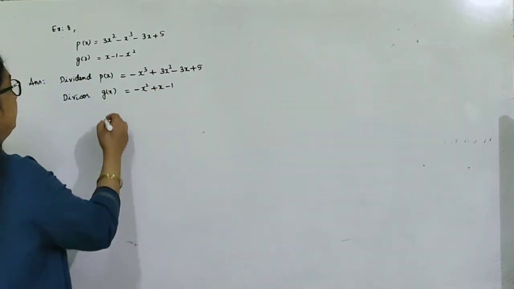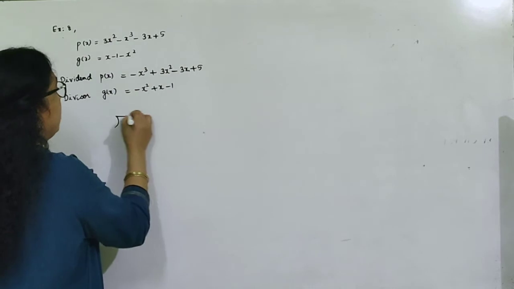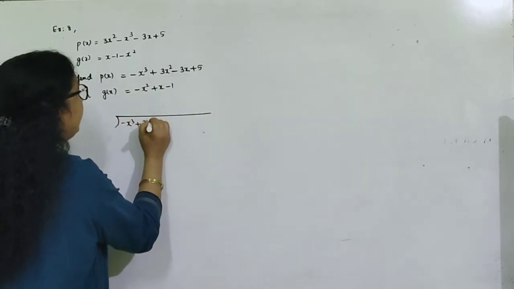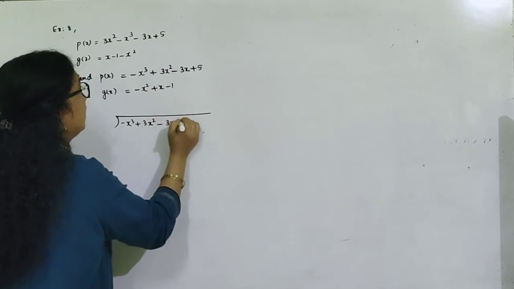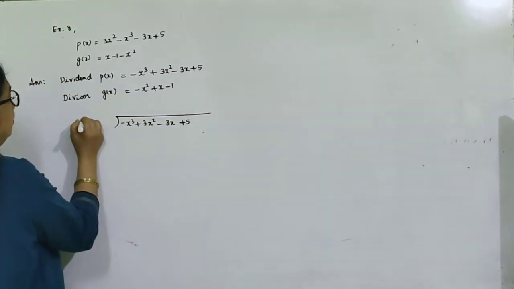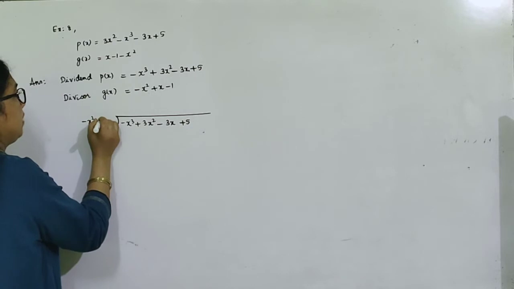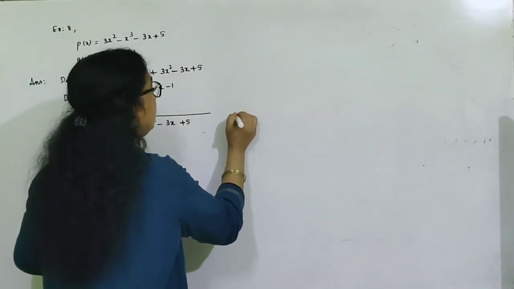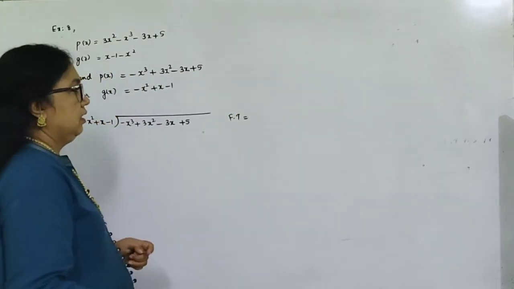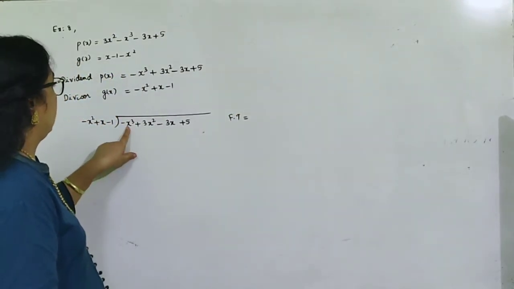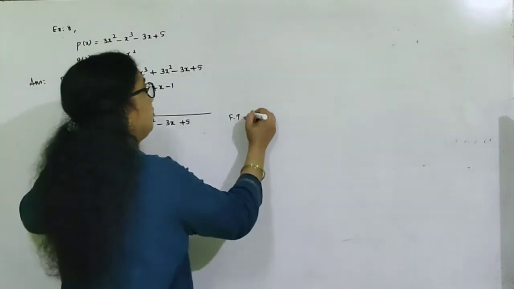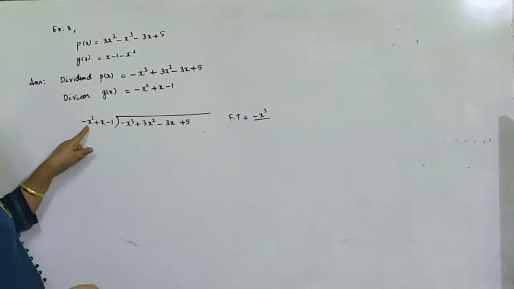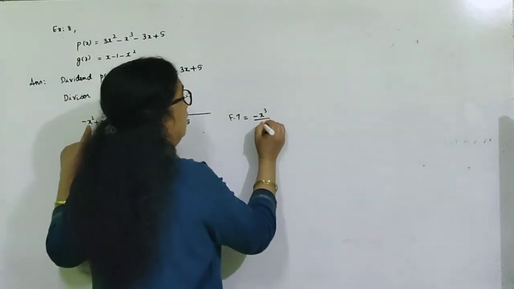Now we have to divide. Minus x cube plus 3x square minus 3x plus 5, by minus x square plus x minus 1. How can we get the first term? By dividing the highest degree term of the dividend, minus x cube, by the highest degree term of the divisor, minus x square.